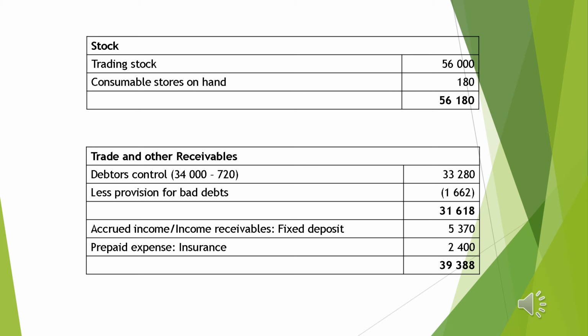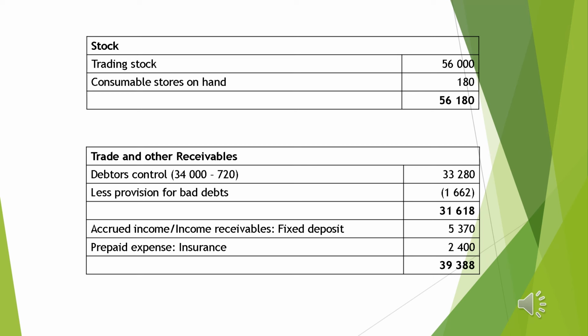With debtors control, we take an amount straight from your pre-adjustment trial balance as it is, which will be the closing balance, but still to be adjusted using the adjustments at the end of the financial year. Then we say minus the bad debts that we were informed about in our adjustments.